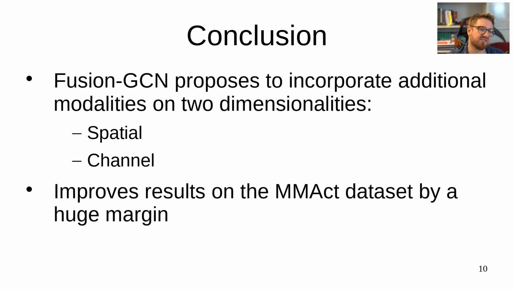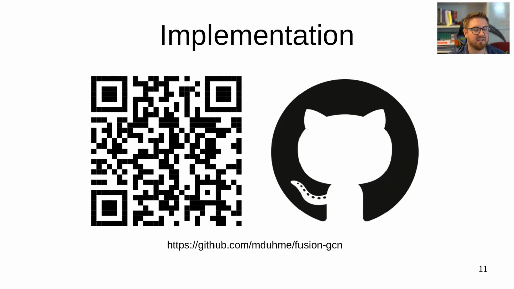In general, Fusion-GCN proposes to incorporate additional modalities on two dimensionalities, namely the spatial dimension and the channel dimension, and we improve results on the MMACT dataset by a huge margin. If you're interested in our work, you can find the implementation on GitHub, and here we give some references. Thanks for your attention.